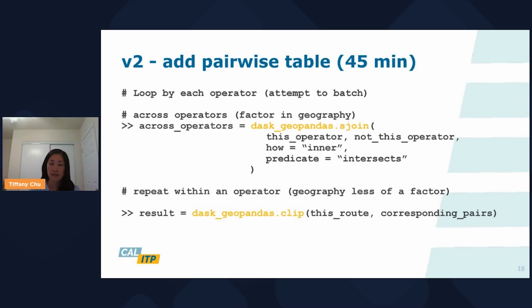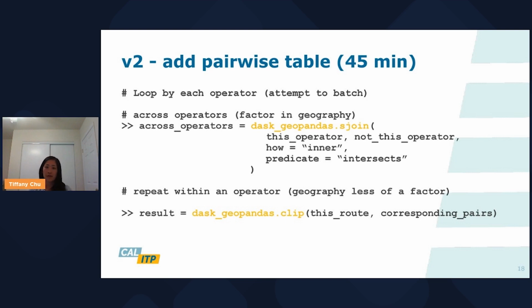In version 2, this idea of geography comes into play. The idea of different operators being in different areas is much easier to figure out because you have very different regions in the state, and you can quickly figure out which ones might touch or intersect each other.